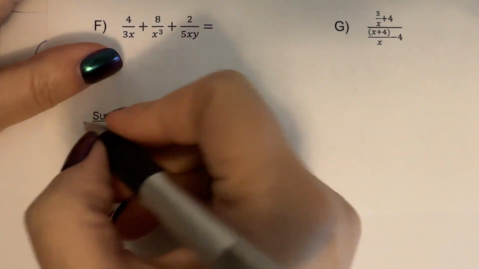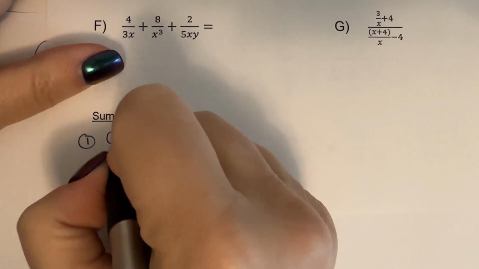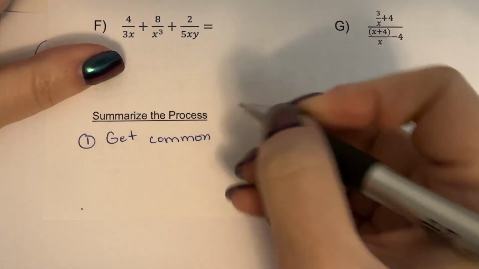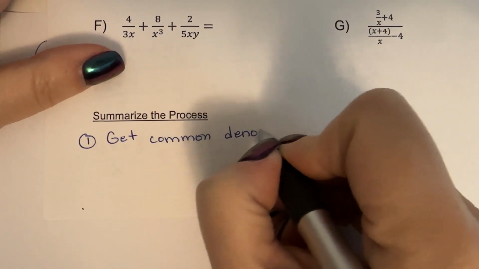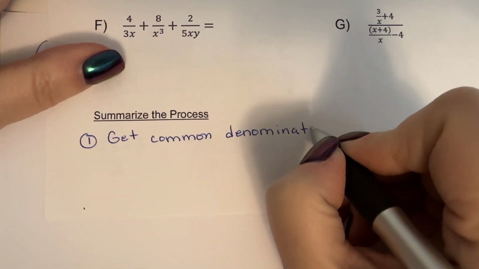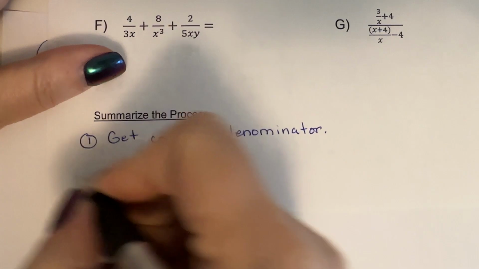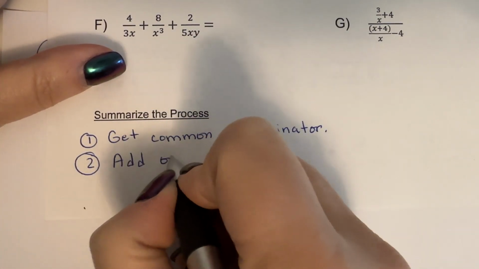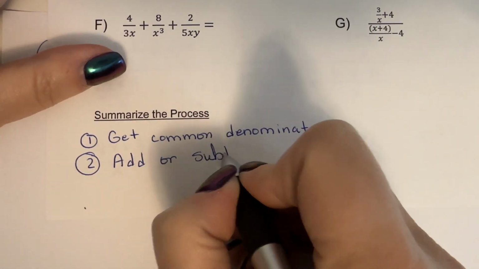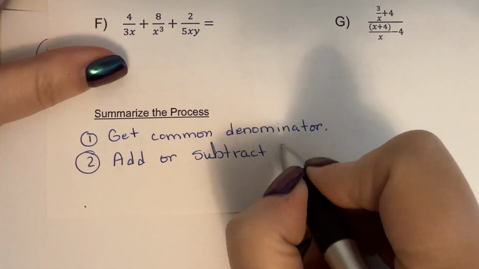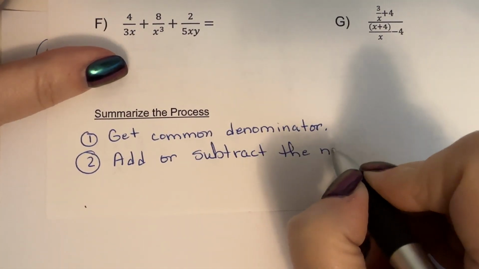Let me summarize your process down here for you. Number 1, get common denominators. Second, add or subtract the numerator.